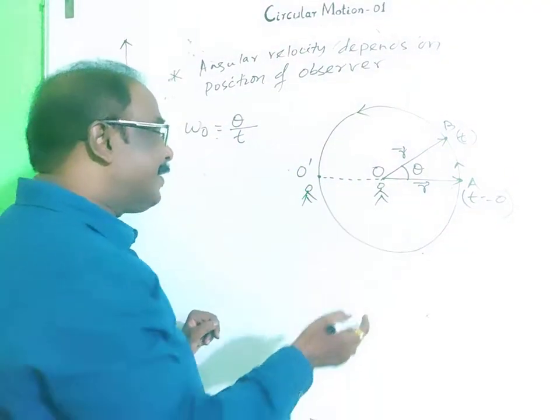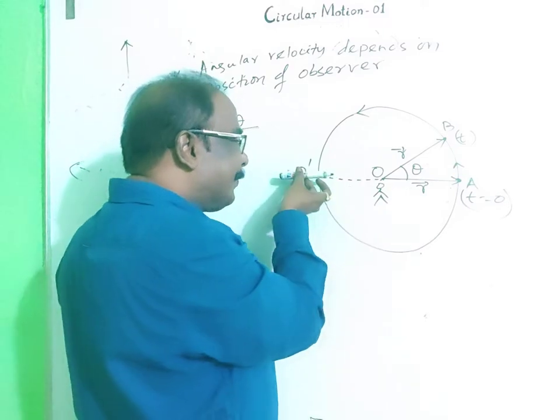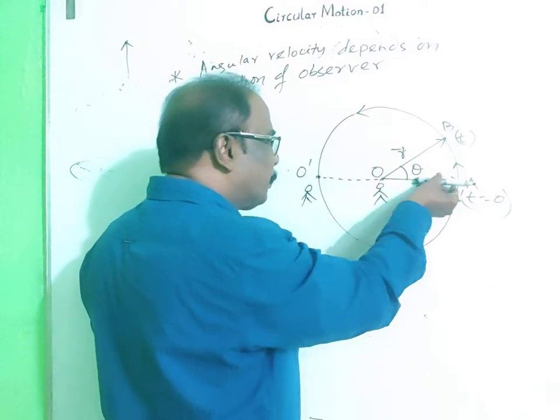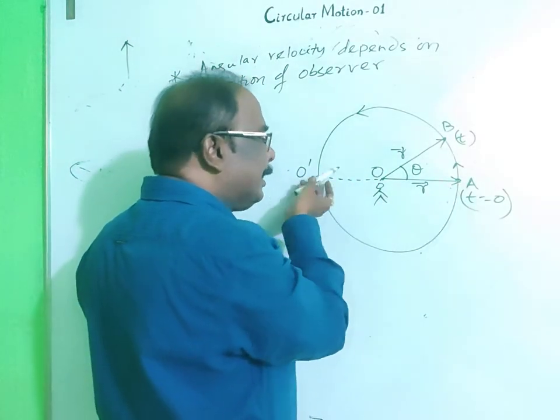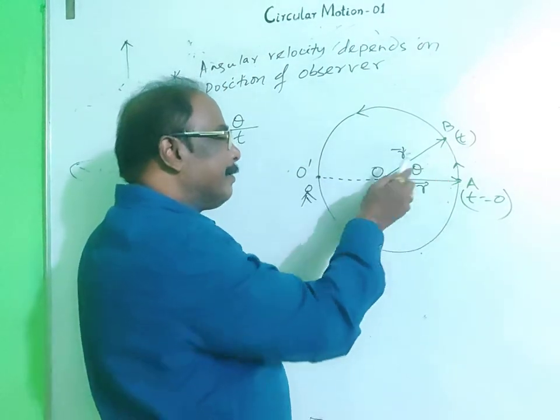But for O dash, the observer at O dash, the total path means O dash to A is the position vector.